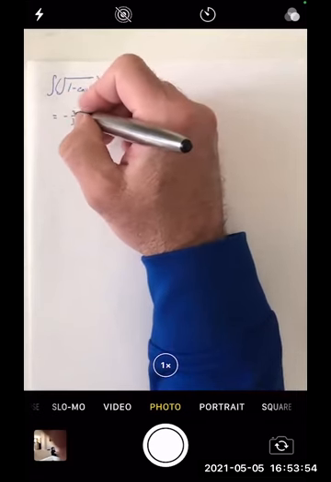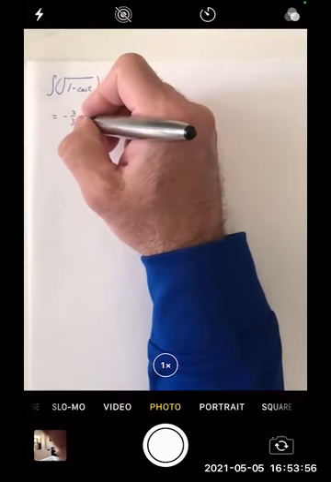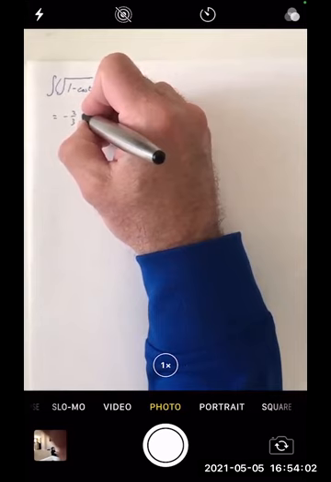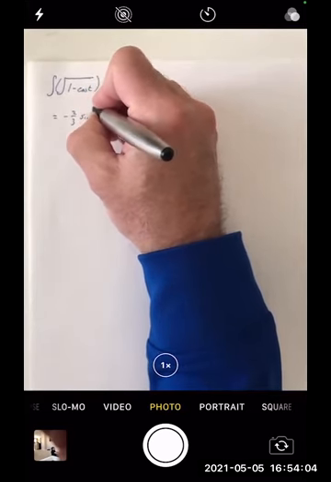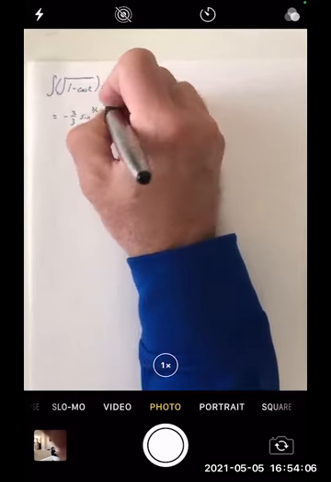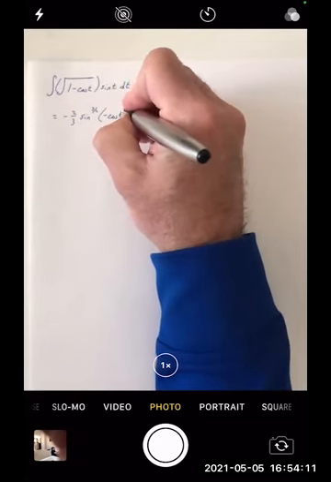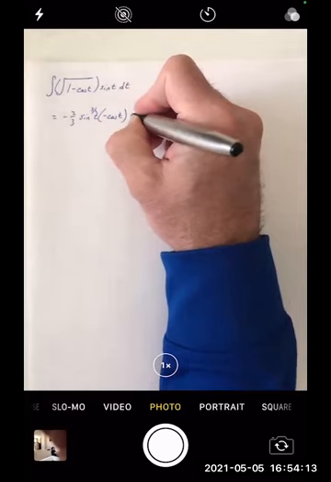Let's see, -2/3 sine to 3 halves times negative cosine. Like that?